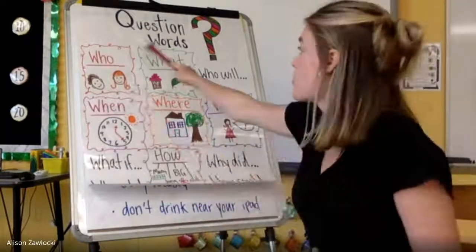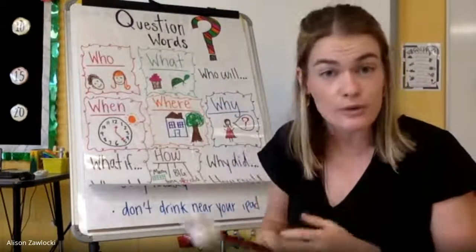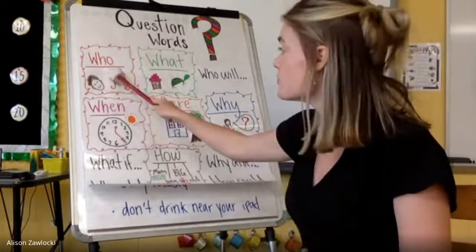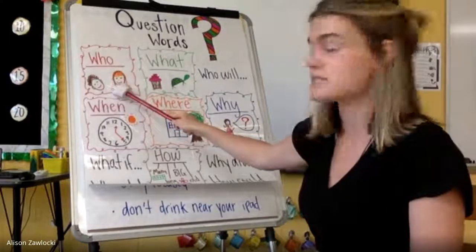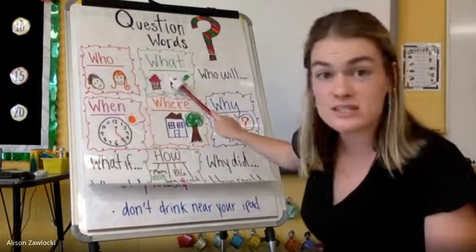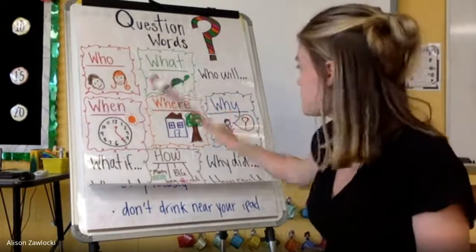So we learned about some question words. We're going to go over some of these because we still need to ask questions while we're reading. That's what good readers do. So the first question word is who. Those are questions about characters. Who is in the story? Who's the story about? What? That would be what happens in the story. What are some of the events that happen in the story? When?